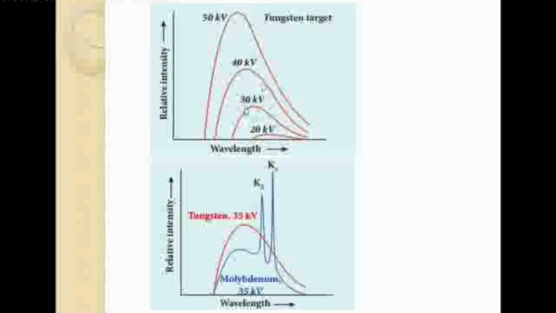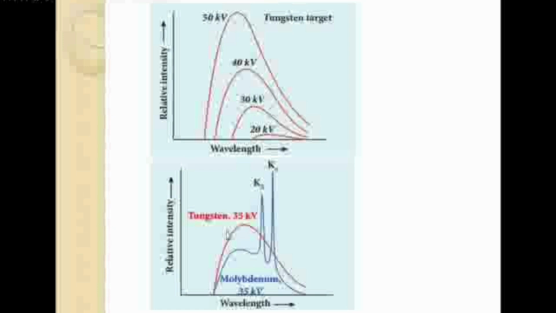This is called a continuous spectrum because here you can see the wavelength on the x-axis gradually increases. This red line has all the wavelengths from here to here. So it is called a continuous spectrum.